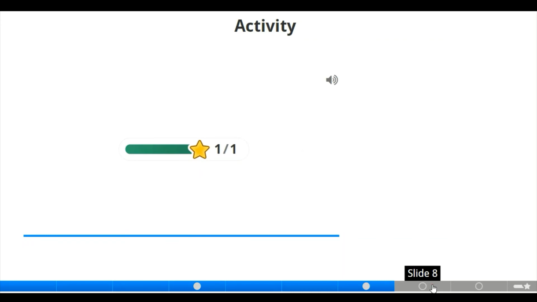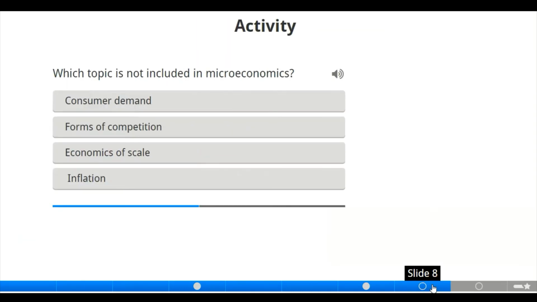Now, moving to the next slide, we also have one of your past questions here. Which topic is not included in microeconomics? Remember, micro deals with individuals, while macro deals with the economy as a whole. Now, which topic is not included in microeconomics? We have consumer demand.